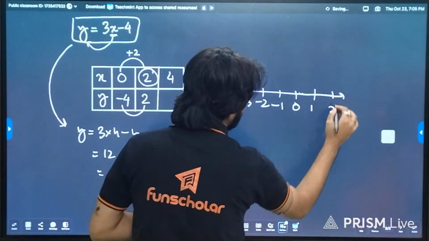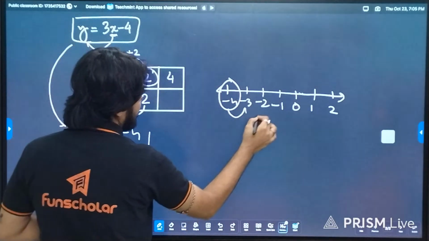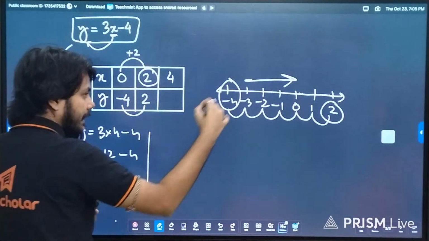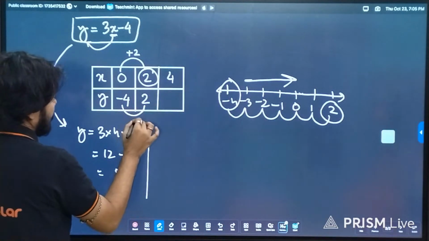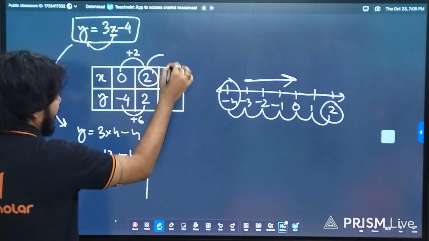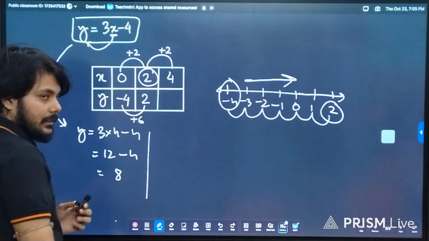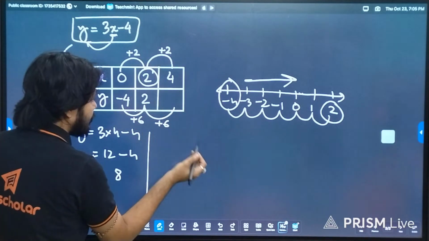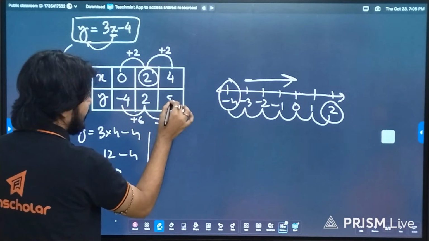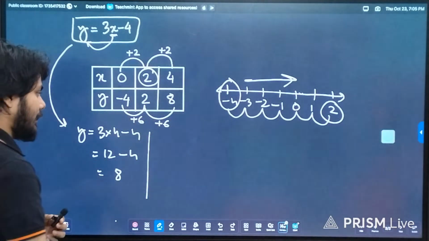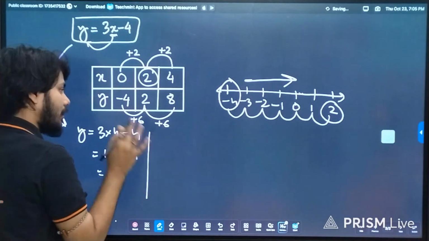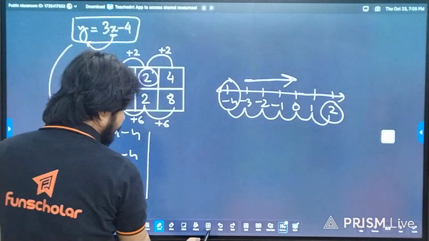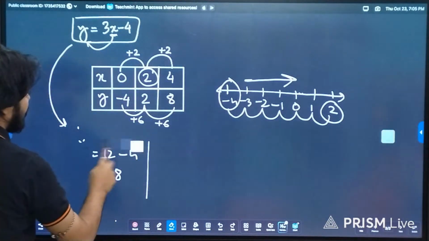From minus 4, you need to jump 6 steps to the right side to reach 2. So this is plus 6. Again x increases by 2, then you will move ahead plus 6 again in case of y. Then 2 plus 6, you will find 8. This is also a different method, but always cross check your answer with the working.